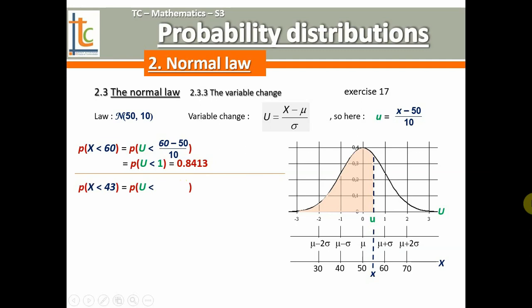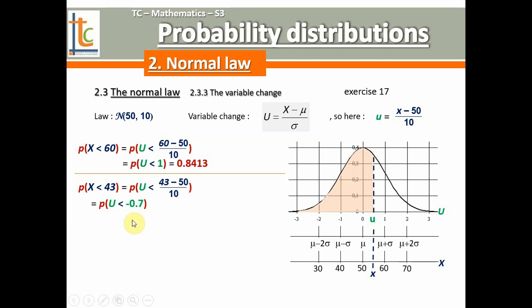Next question, the probability that X is less than 43. 43 leads to this calculation for the variable u, and then this result, negative 0.7. You can't read the result directly on the table. You have to transform this writing. So the rule of the two transformations. The sign less than has to be kept, but a negative value has to be transformed into a positive value.